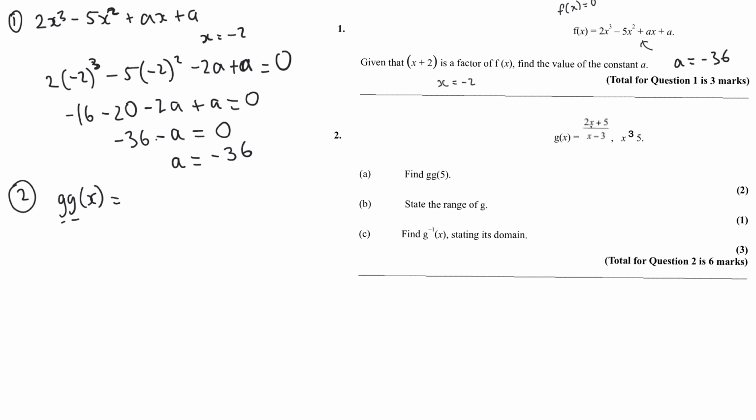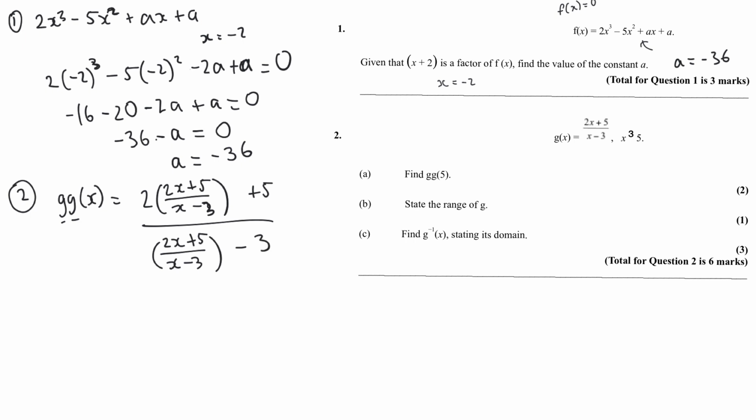But if you've got GGx, your x's are replaced with your g of x. So then it would be 2, so rather than 2x, it's going to be 2 bracket your equation for g of x. So 2 bracket 2x plus 5 over x minus 3, as that's what's replaced x, plus 5 over 2x plus 5 over x minus 3, and then that's take away 3.